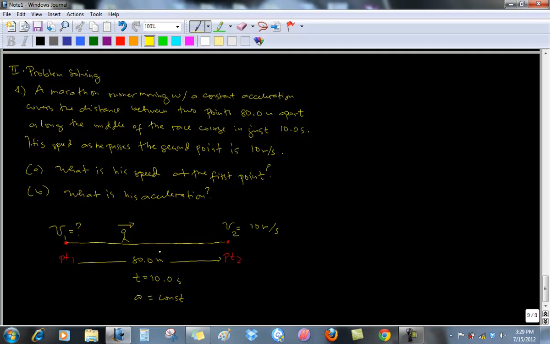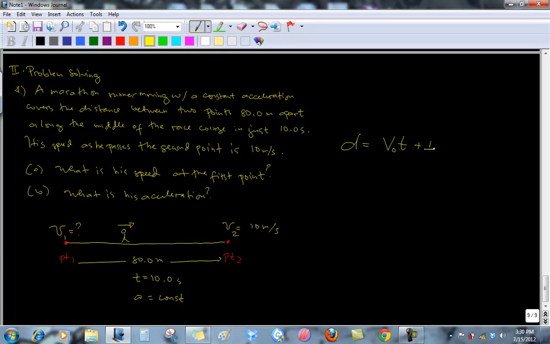So these are the formulas we can use for motion with constant acceleration. For constant acceleration motion, there are many formulas to memorize, but for me, I'm only memorizing 3. First, distance is equal to velocity initial times time plus 1/2 acceleration times time squared.